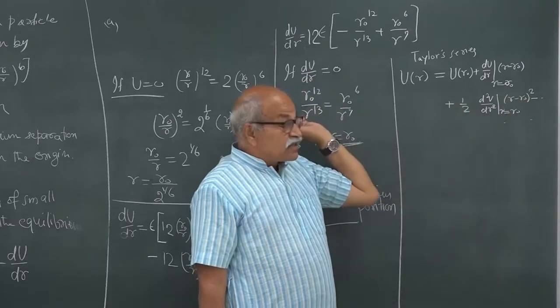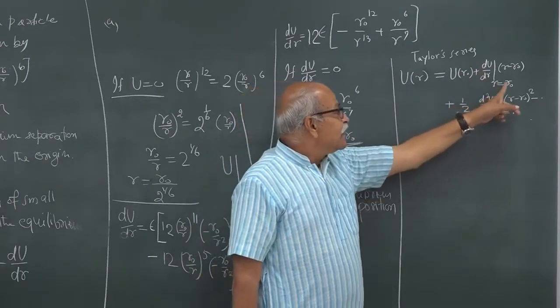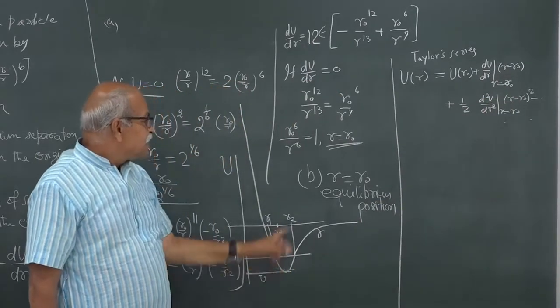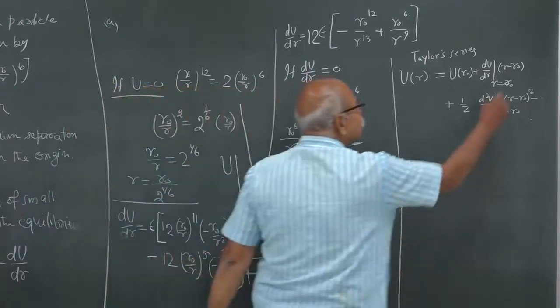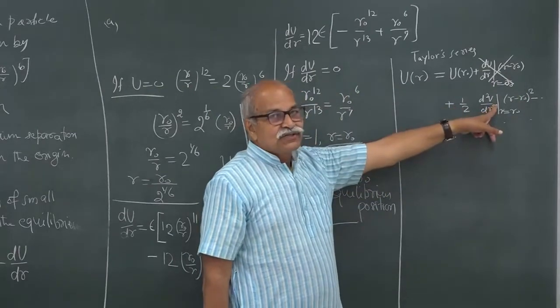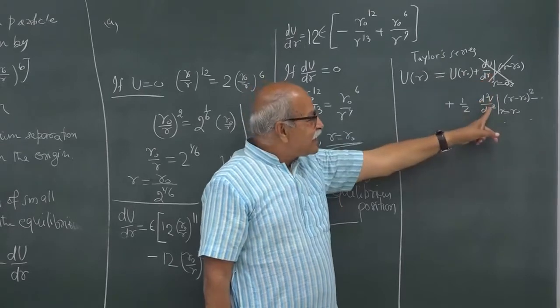Now, in our case du dr at r equal to r naught is 0. Here du dr is 0, and therefore, this term is not there, and so I cannot neglect this in comparison to this, and so I have to evaluate this.